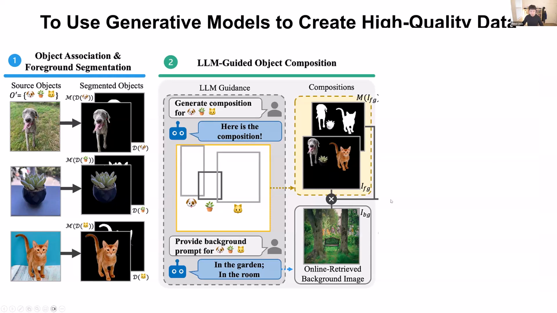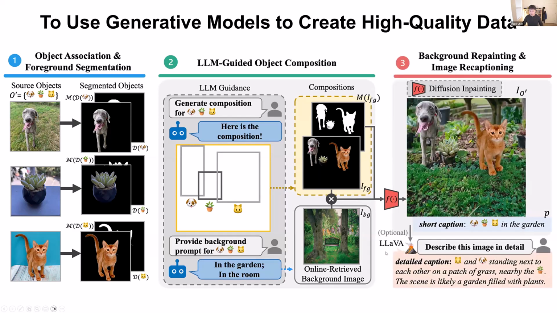And the combination of this object and the scene is not going to be a cut and paste, because that would not follow the natural regularity of the images. But instead, we are going to use the diffusion models to do the inpainting and create this combination. And finally, we can use language model or large visual language models to create a precise caption.